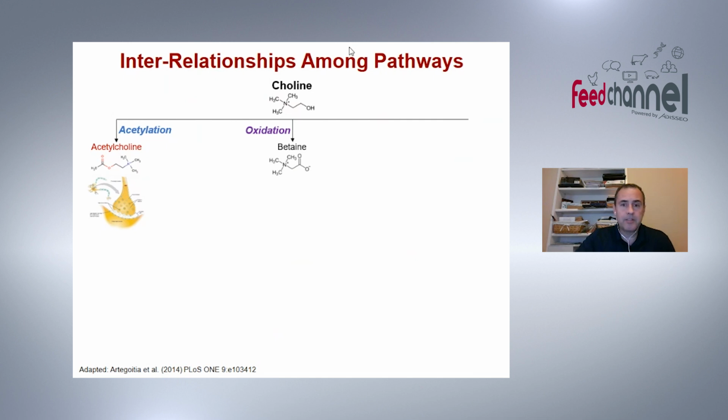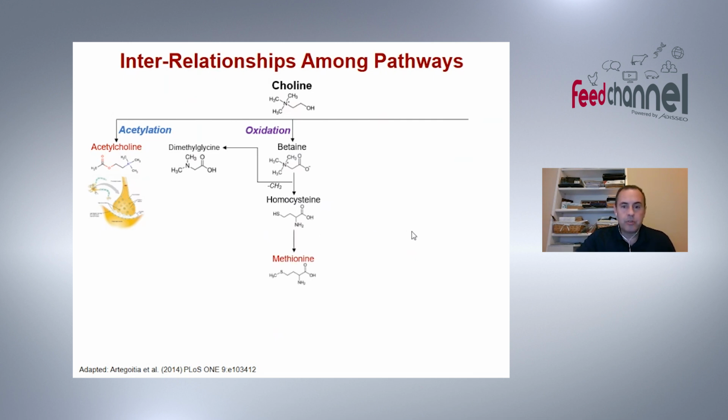Or it can undergo oxidation to form betaine, which is one of those methyl donors. As you can see, it contains 3 methyl groups. And when betaine donates a methyl group to homocysteine, it forms dimethylglycine, which now has only 2 methyl groups, and one of those methyl groups is transferred to homocysteine.